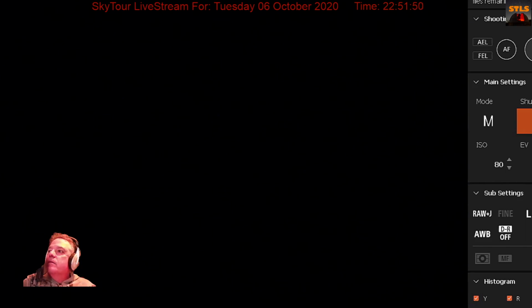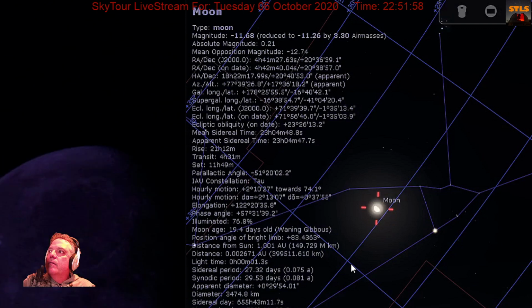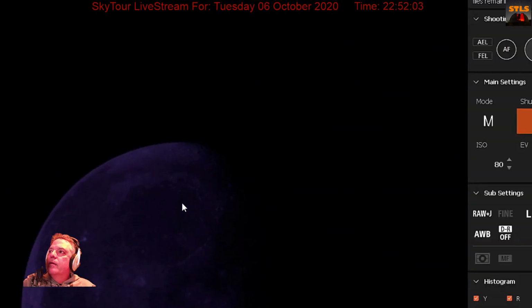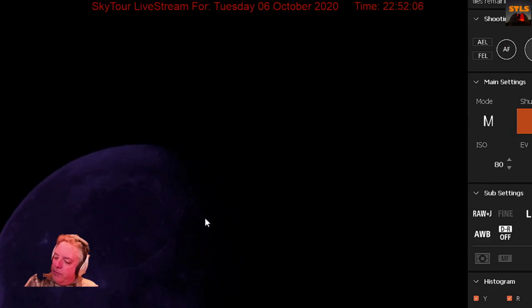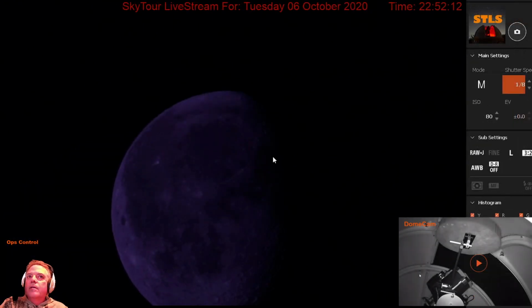Okay, there we go. You'll see the glow of the moon before anything else. But not until we get... Oh, there we are. Look at that. Actually went right to the moon. I see Aristarchus right there.